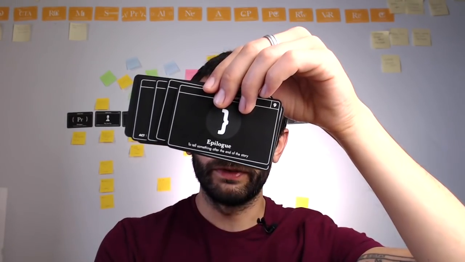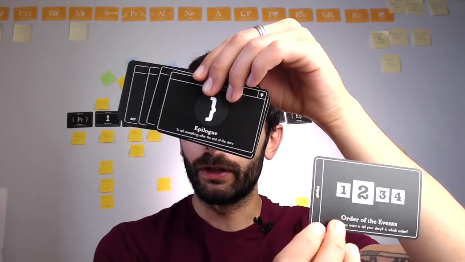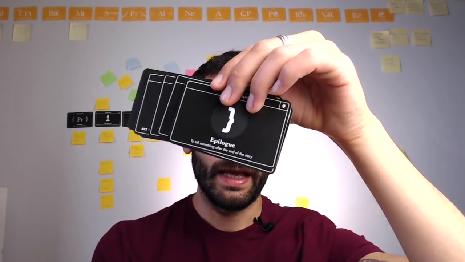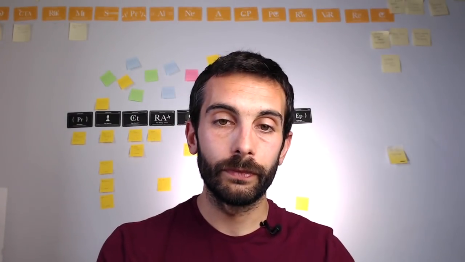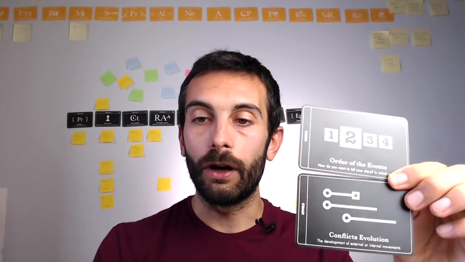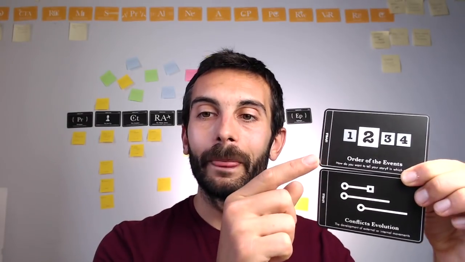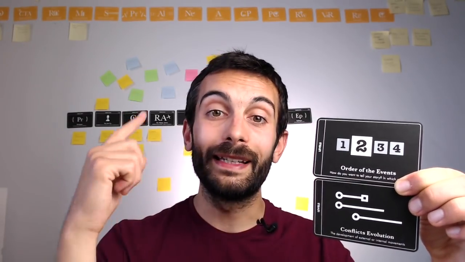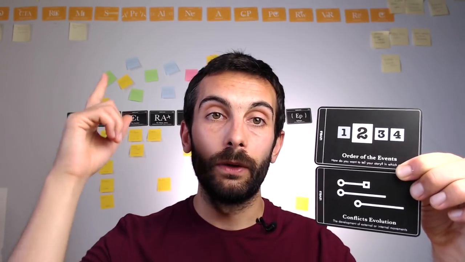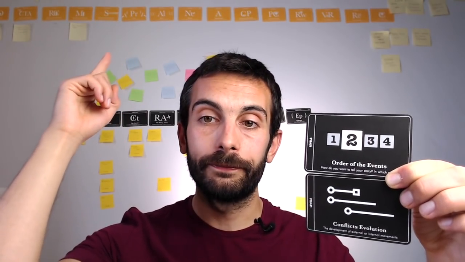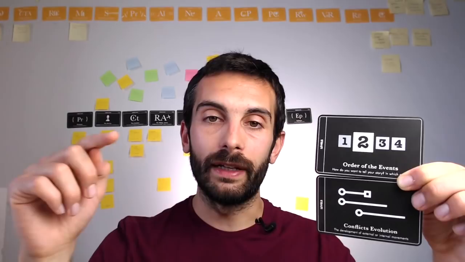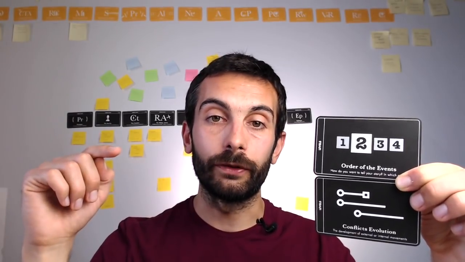On the first row, we have the order of the events, and on the second row, we have the conflicts evolution. On this row, we are going to take the scenes that we developed with the orange cards, and we are going to order them according to the structure.